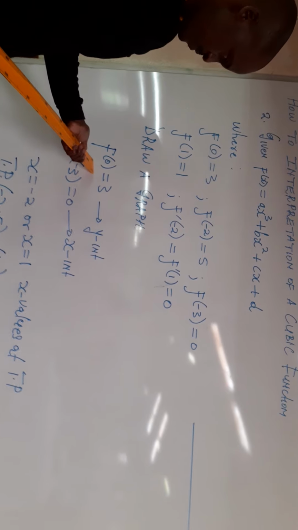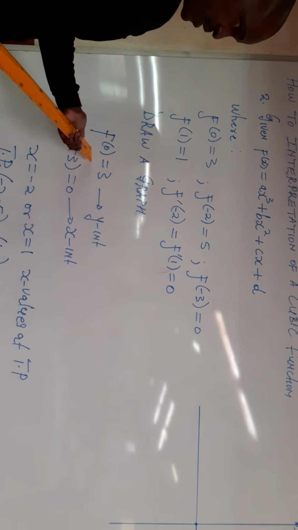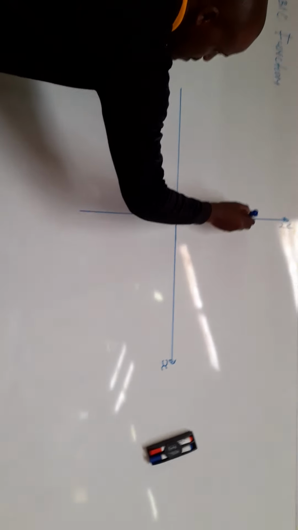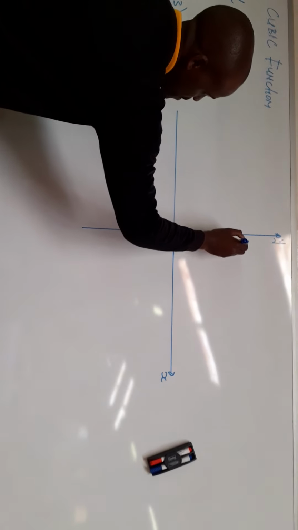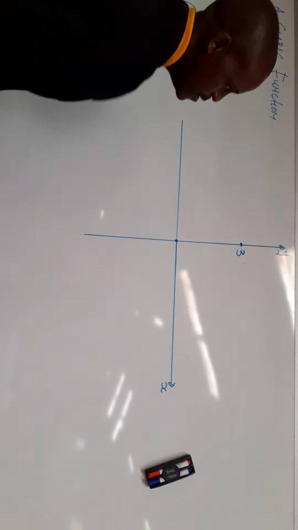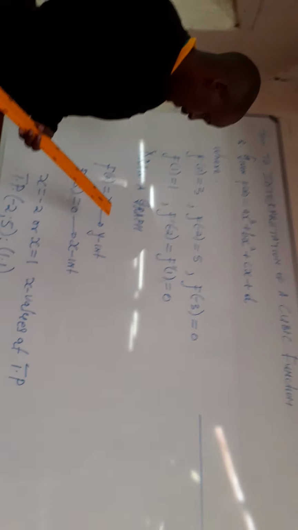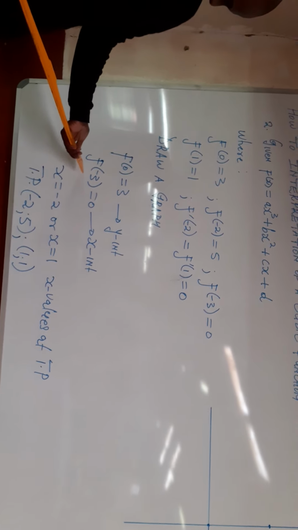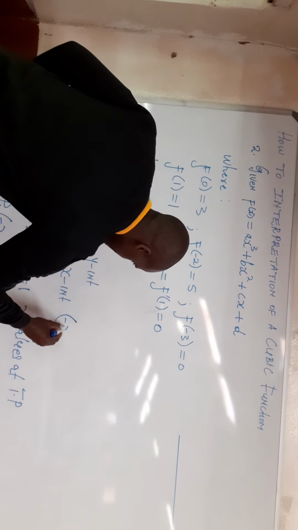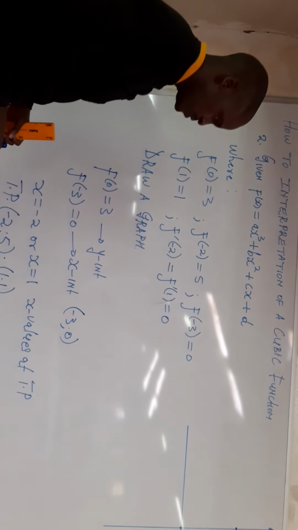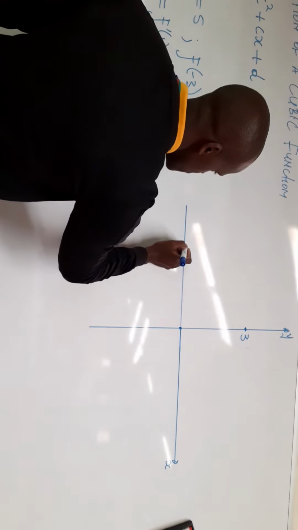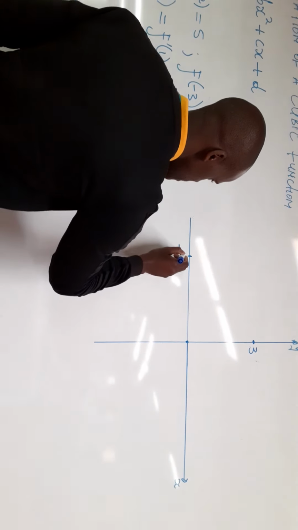Our y-intercept is at 3. Let's say we have 3 there. Our x, we've got only one x-intercept, this one here. -3 is to 0. Let's put -3 here.